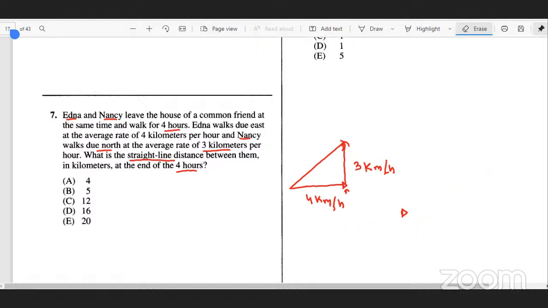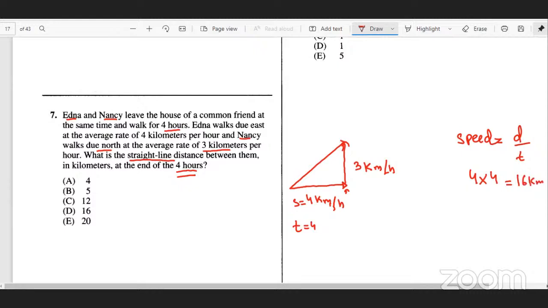I have been told the time as well, and I can easily use the speed formula. So speed is basically distance over time. For 4 kilometers per hour, times 4, because time is 4, that has been given. If this is speed, and if t is 4, distance is going to be 16 kilometers.